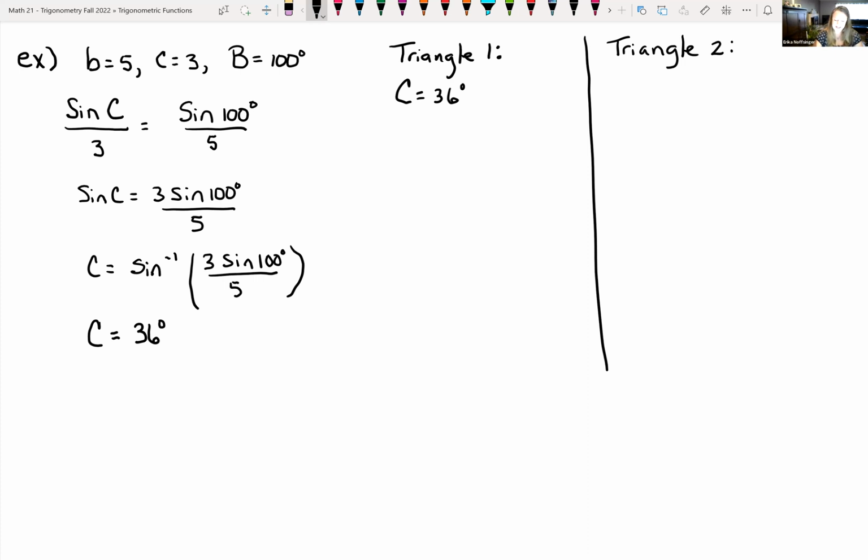And so C would be, that's my reference angle, C would be 180 degrees minus this 36 degrees. So C would equal 144 degrees.